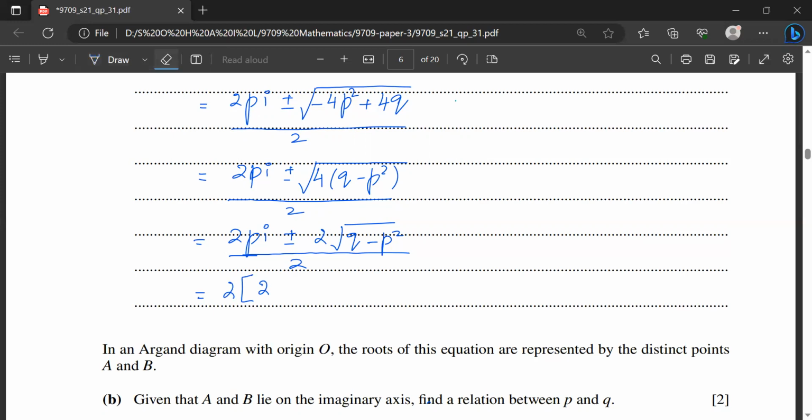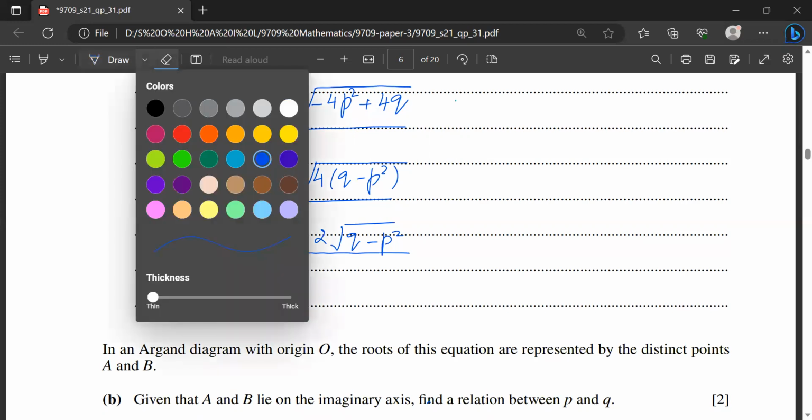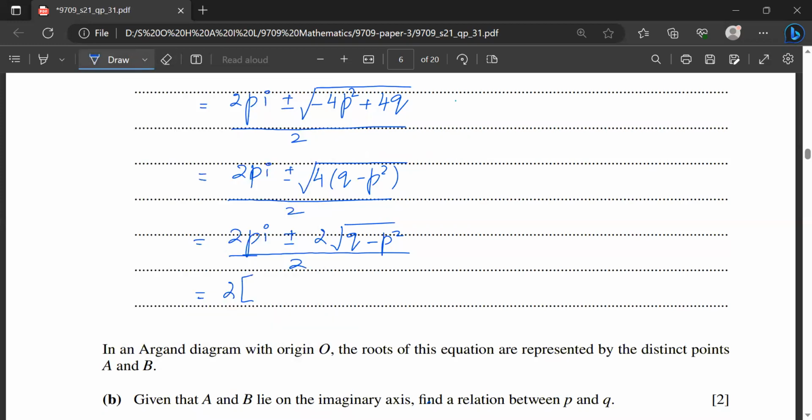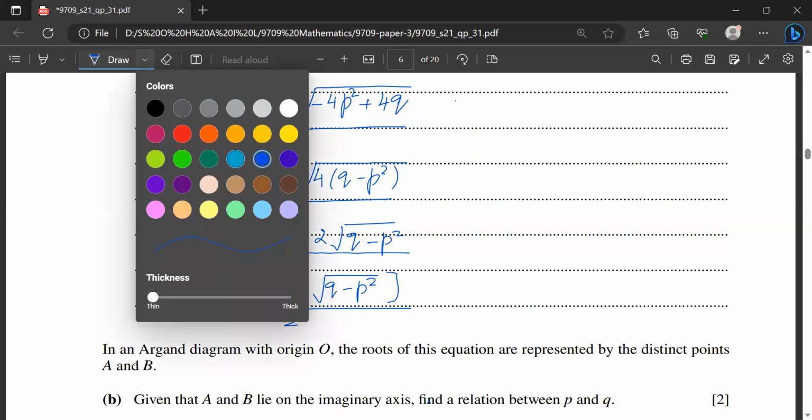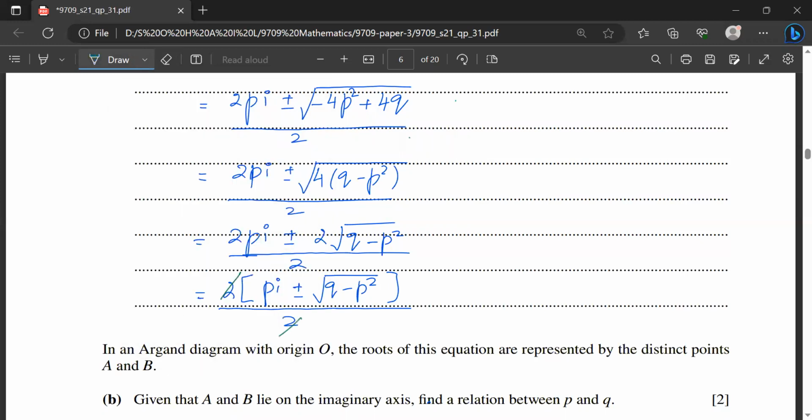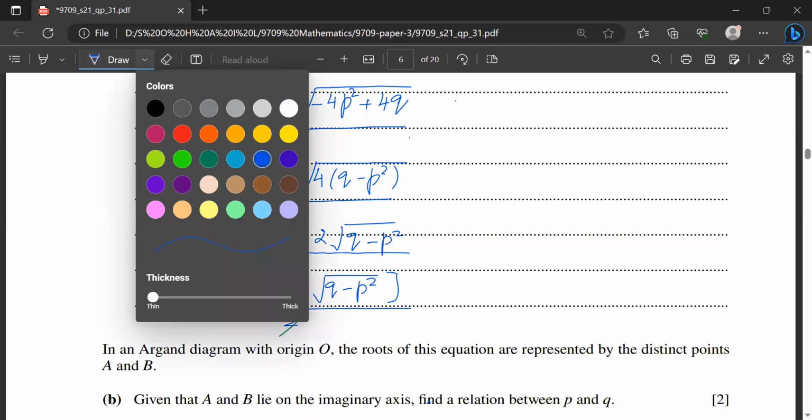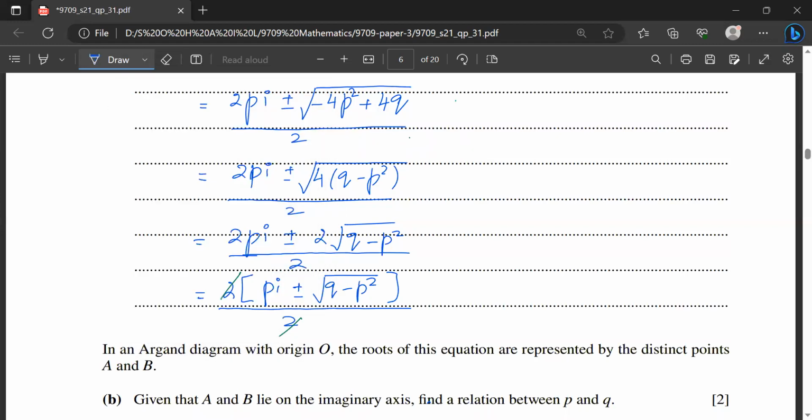If 2 is common, inside the bracket is p iota plus minus the square root of q minus p squared, whole divided by 2. This 2 goes with this 2, and yes, we have the two values. So z equals, these are the answers, these are the roots.